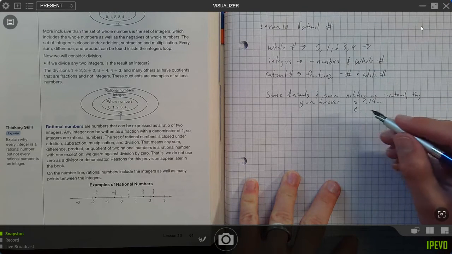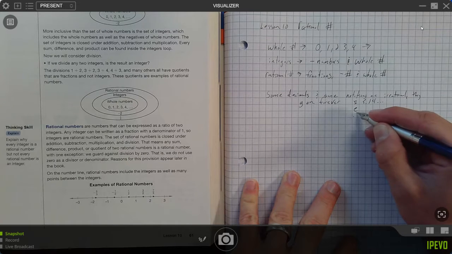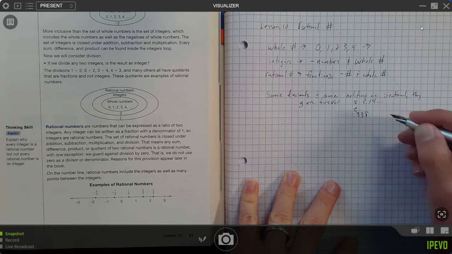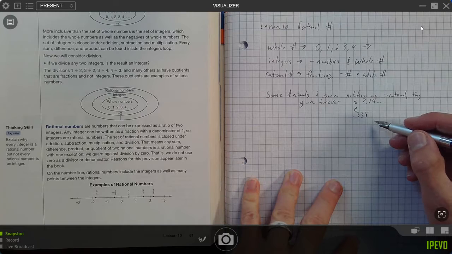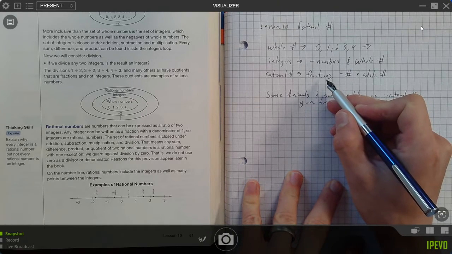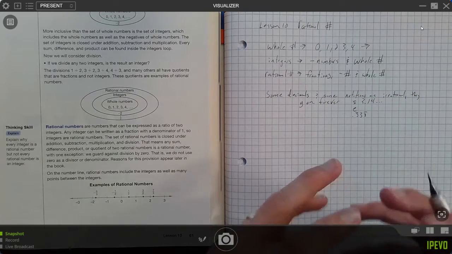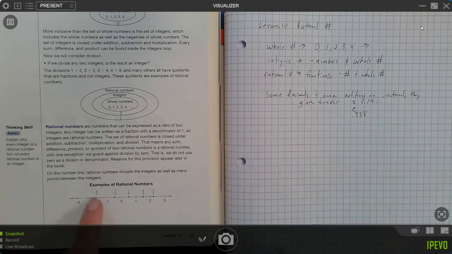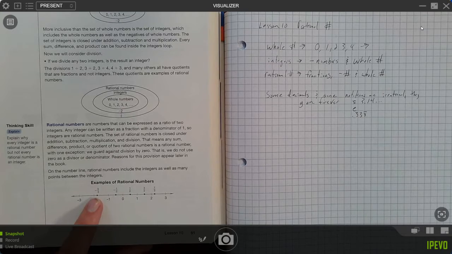And 0.333 repeating, those are irrational numbers. However, 1/3 is a rational number. So that's why we leave things in fractions, because we don't create for ourselves an irrational number.